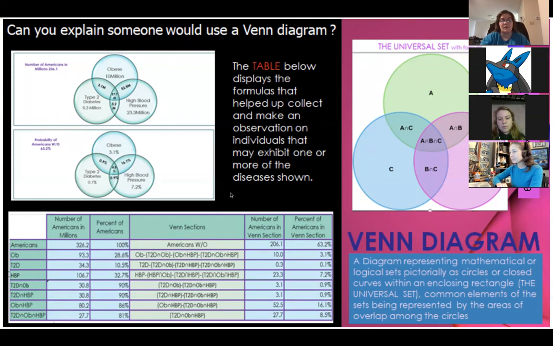When we insert a graph, specifically our Venn diagram, into our PowerPoints, you can see how we've put in obesity, type 2, and high blood pressure, all based on this table. How we came up with the numbers is over here on the right. We have a set formula for subtracting each group from each other to make our data accurate. So Venn diagrams are just a great way to put a whole bunch of data together and not make it look messy. Beautiful work. Thank you.